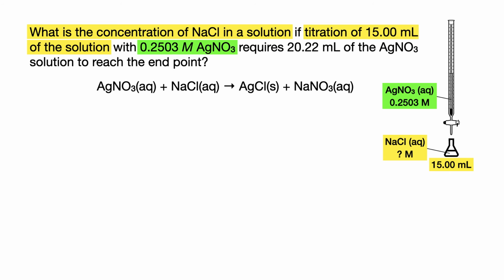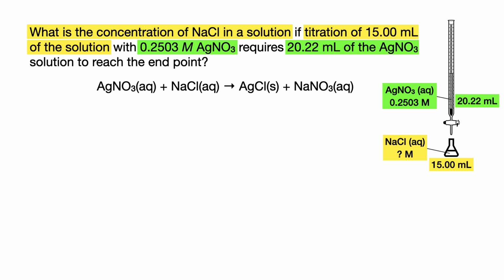The second solution is going to be added, and that solution is silver nitrate. It has a concentration of 0.2503 molar. And then the question also tells us that the amount of that silver nitrate solution was 20.22 milliliters. That was the volume that it took in order to reach the end point of the reaction.